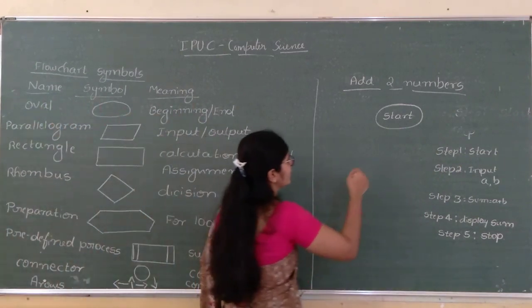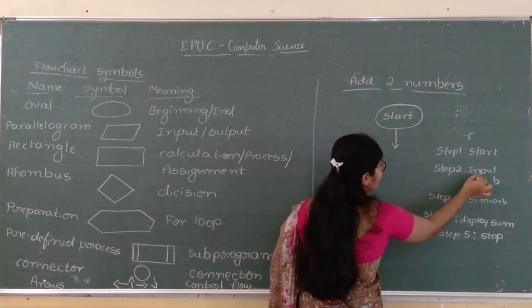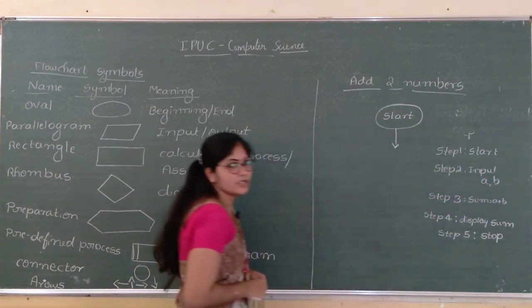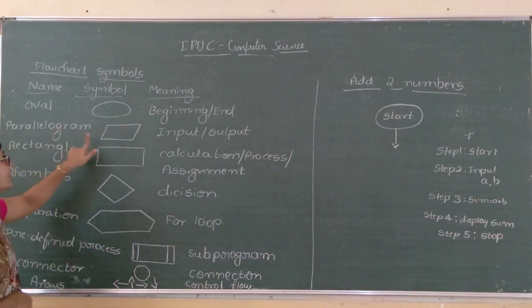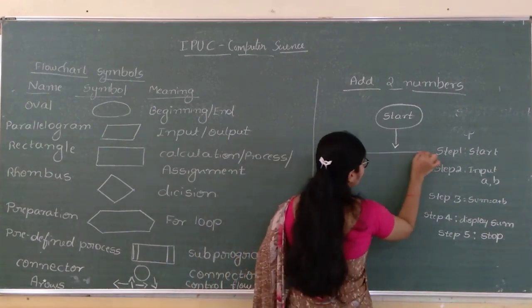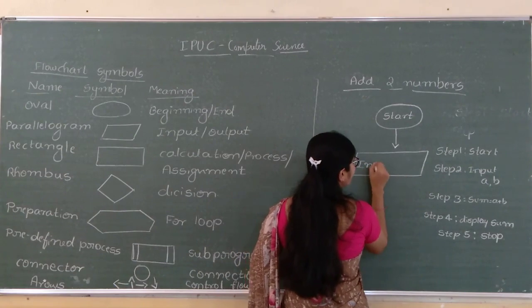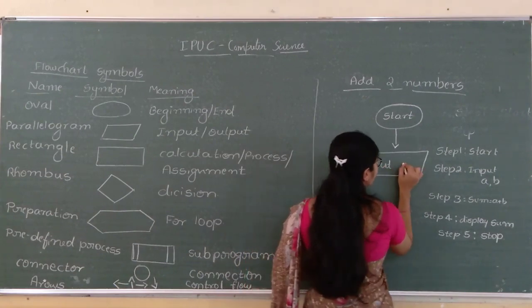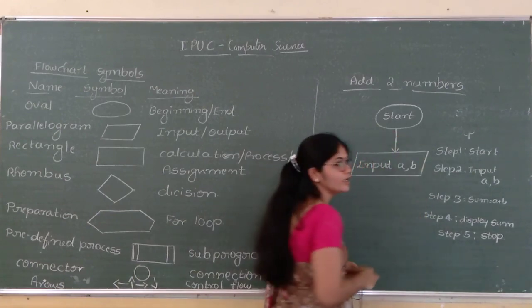So, start. Next, step 2 input a b. Symbol that denotes input is parallelogram. So, I write input a comma b. I am going to add two numbers.